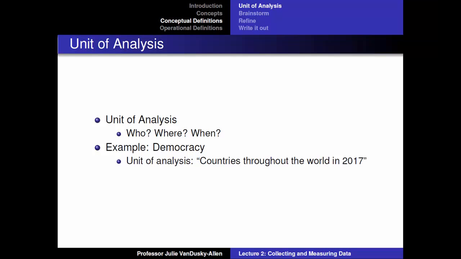Is it countries? It also tells us where these individuals, parties, countries exist and when they exist. Going back to the democracy variable example, I decided that we are going to develop a conceptual definition of democracy for countries in the world in 2017. Countries throughout the world in 2017 is the unit of analysis for the democracy variable.